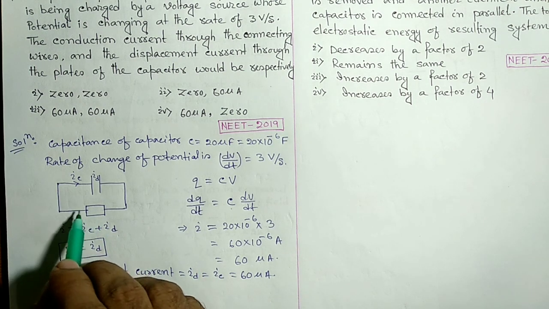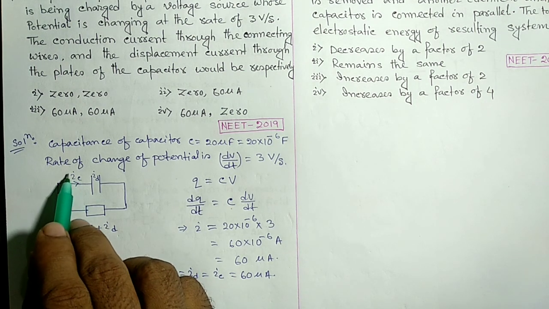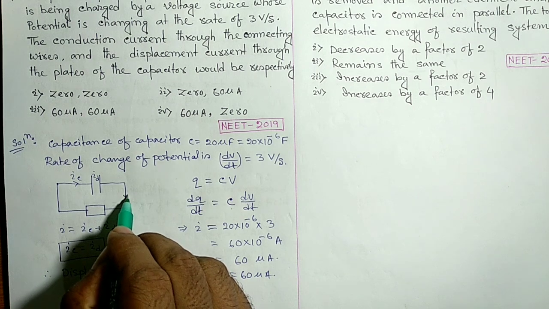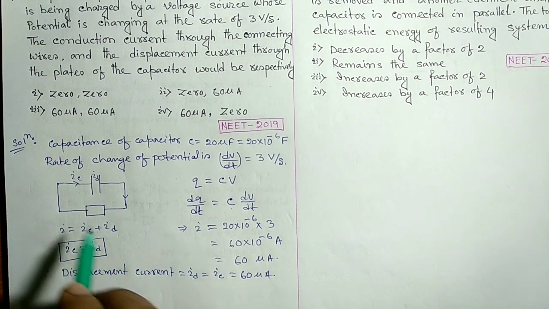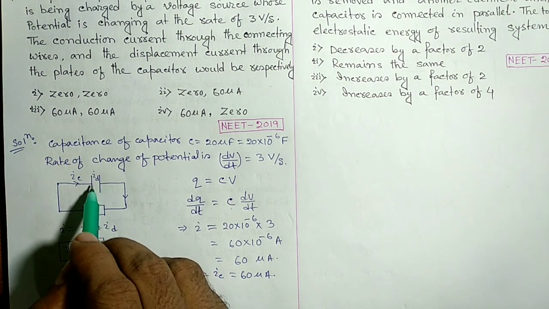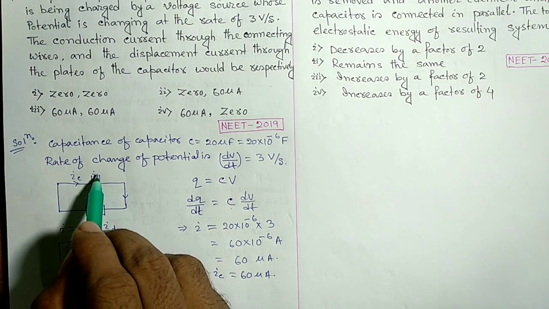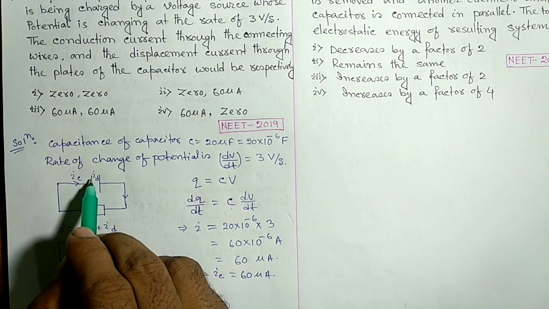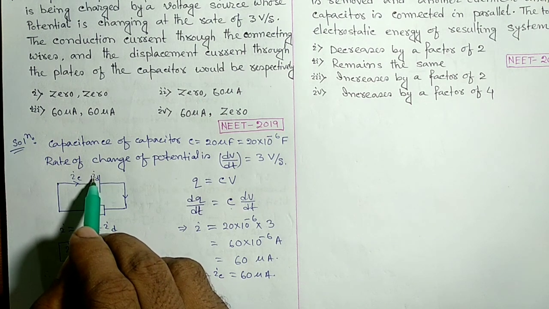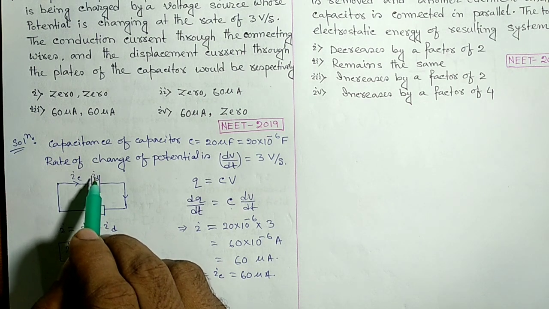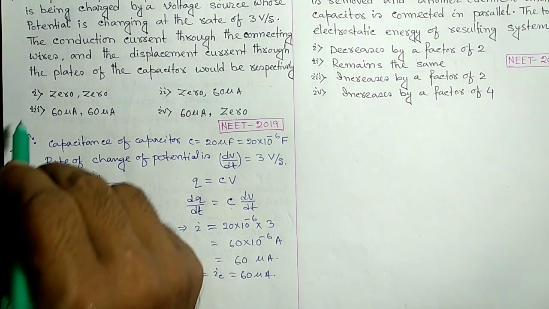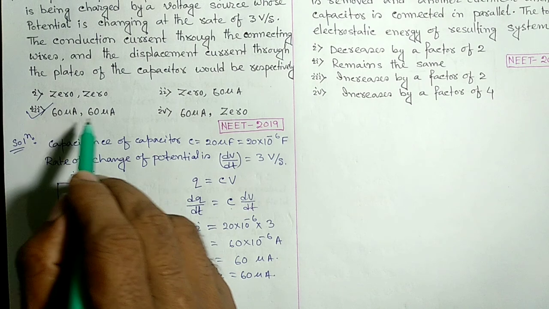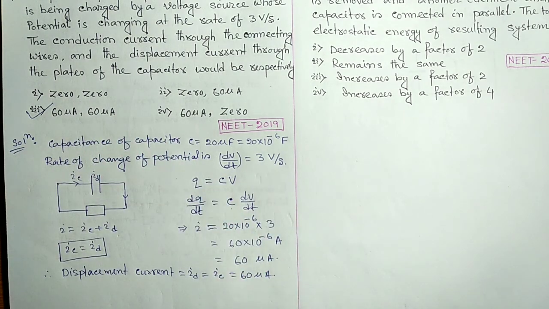This is the wire carrying current IC, and it reaches here as IC, 60 microampere, and inside the capacitor there is nothing, so this current is the displacement current. So the displacement current is equal to the conduction current. Option 3 is the right answer, 60 microampere.